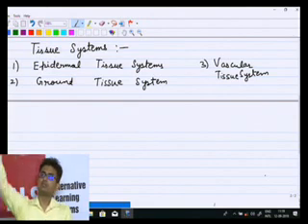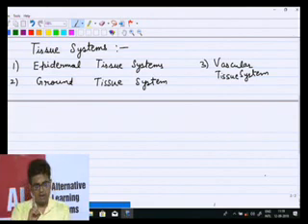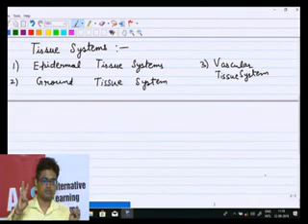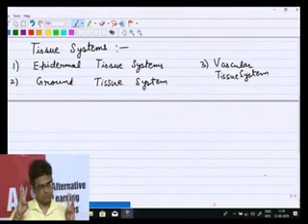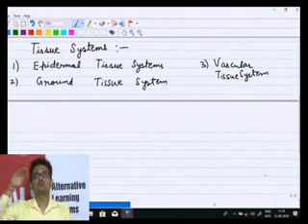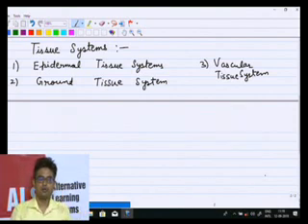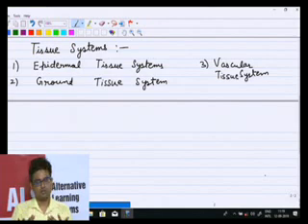So if I see in a plant, I will find there are 3 tissue systems from outside to inner. On the outside there will be epidermal tissue system. Epi means outer. In plants we call it epidermis, in animals we call it epithelium.